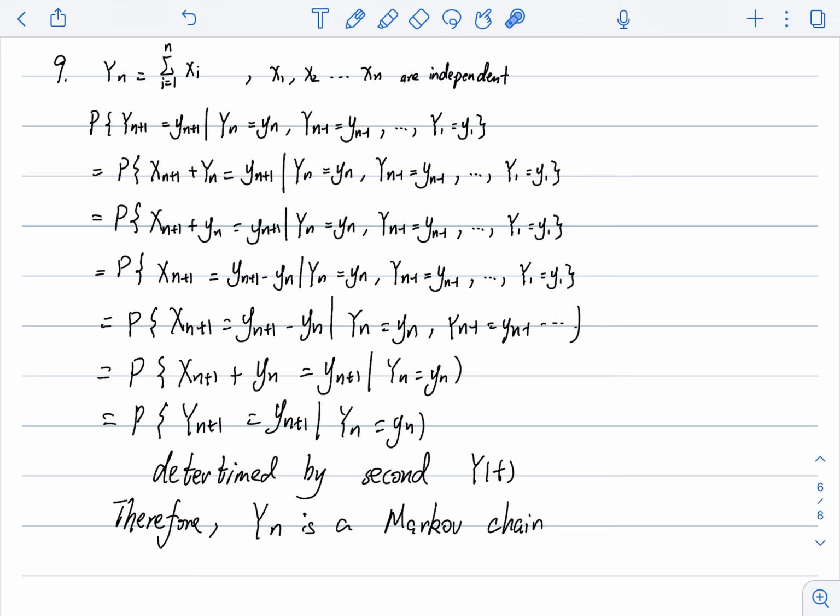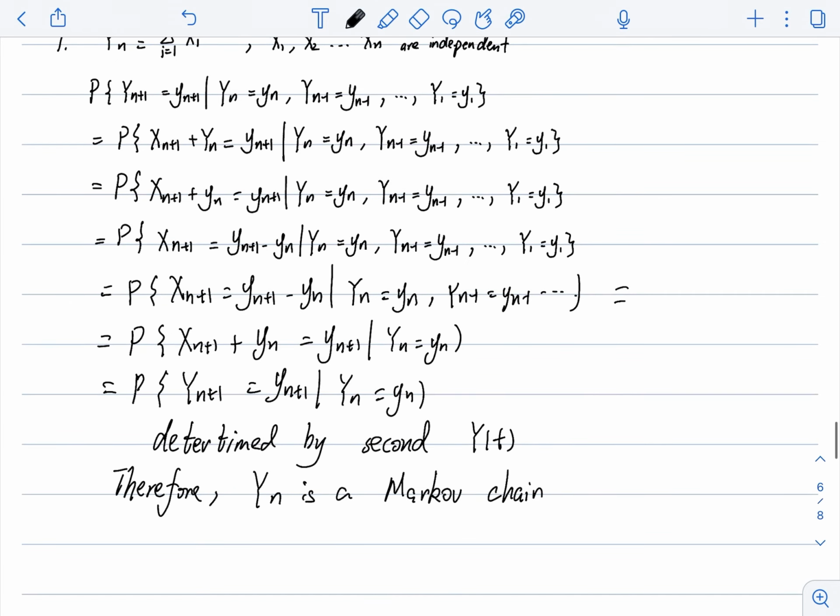And because X(n+1) is an independent variable, the probability can be split and removed, therefore this part is equal to the probability that X(n+1) is equal to y(n+1) minus yn under the condition of Yn is equal to yn.